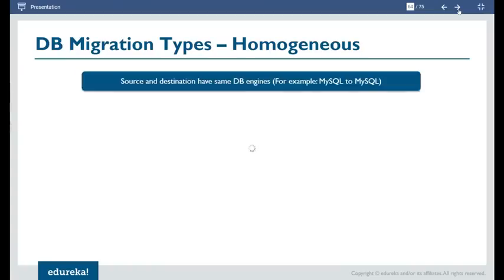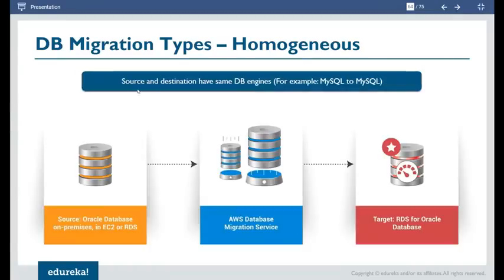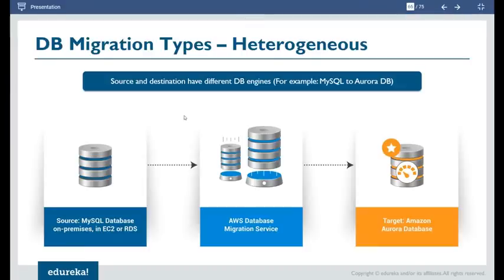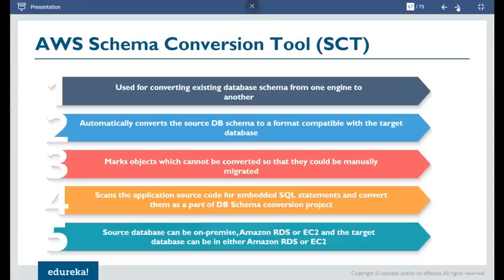Now, database migration types. As I was telling, homogeneous: source and destination have the same DB engines. That is called homogeneous migration. Here you don't need to leverage the Schema Conversion Tool. No Schema Conversion Tool is needed. When your source and destination DB engine types are different, for example MySQL to Aurora, there you need to leverage the Schema Conversion Tool.